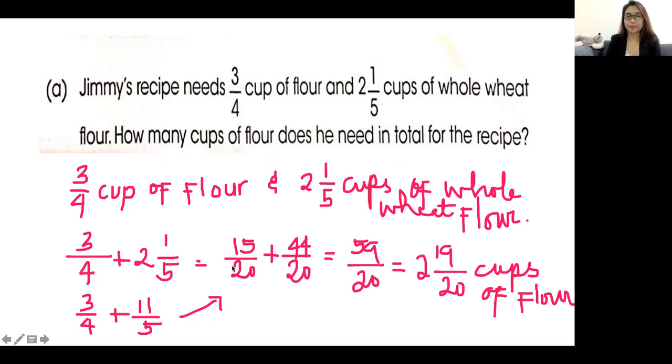Remember that? Okay, so we have 20. All right, you divide 20 by 4, you get 5. Multiply by 3, you have 15. Then 20 here, you divide this by 5, you have 4. Multiply by 1.